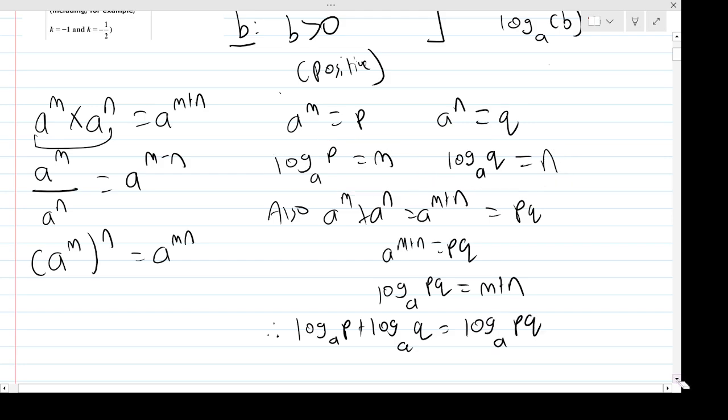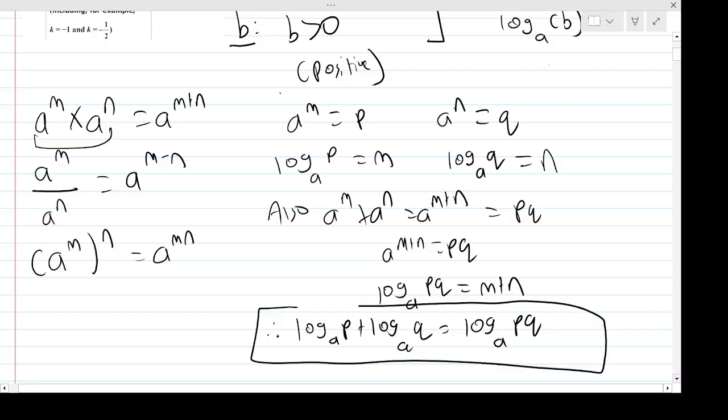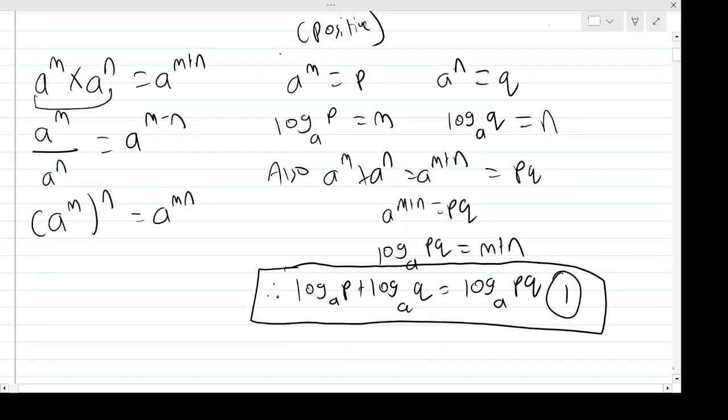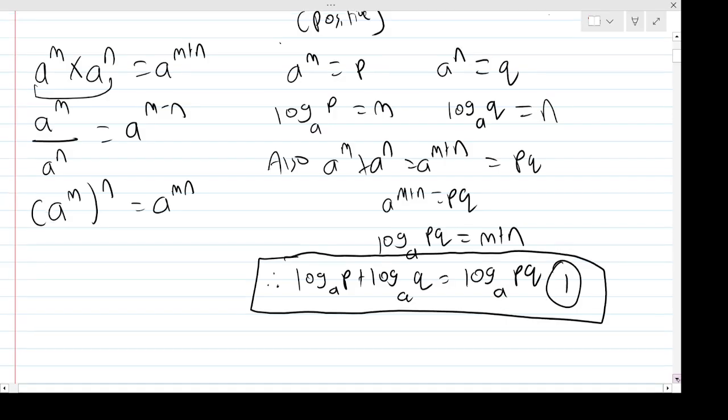And this is my first logarithm law. Basically what this is saying is if we add two different logs together, we can combine them and multiply them in one. So that's my first one.